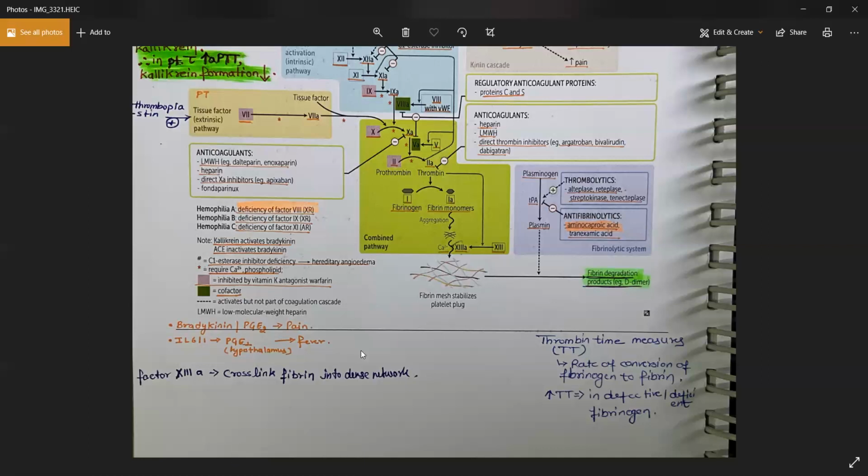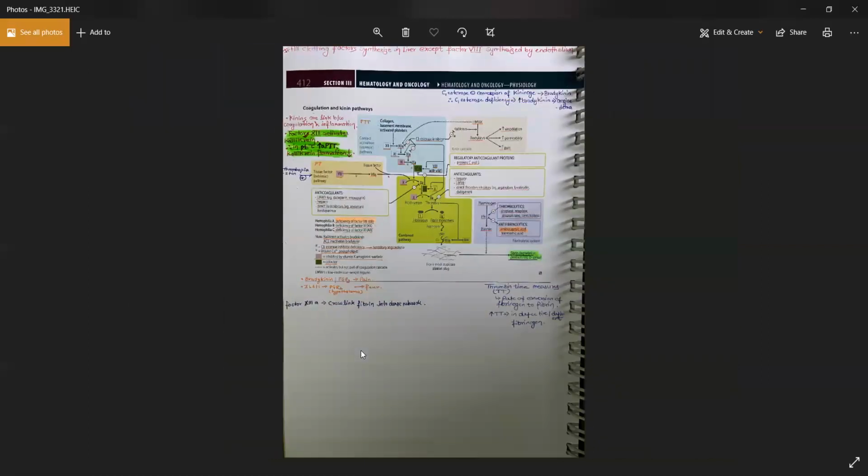Yeah, I have one question. Over there, you said something regarding the levels of kallikrein being elevated if there's an increase in PTT or something. What was that? In case you have a deficiency in this pathway, see, these two pathways are linked. Whenever a clotting cascade occurs, it will also activate the kinin pathway.